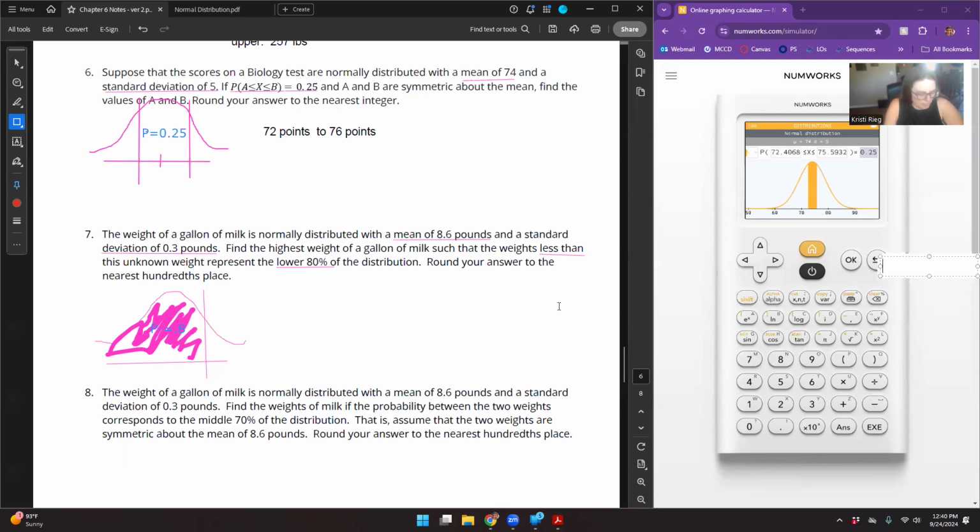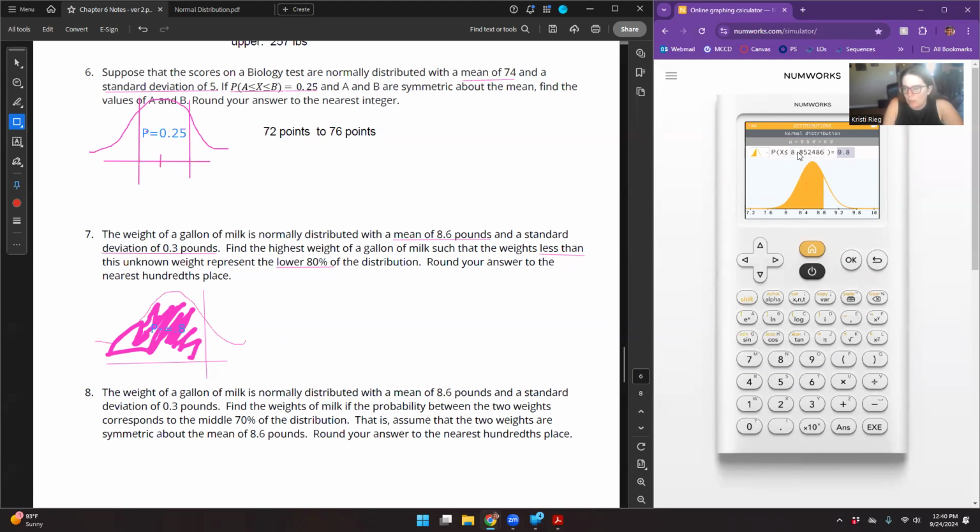We're going to come over here. Mu is 8.6. Standard deviation is 0.3. And we want less than because it's lower. This is a percent, so it goes on the right side. And it tells us that the milk right here, so this picture looks like this picture, good to go.